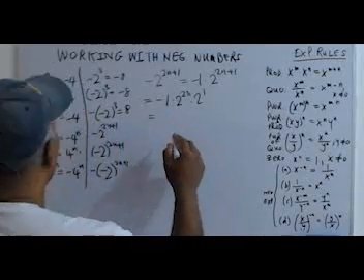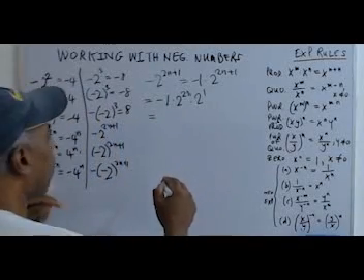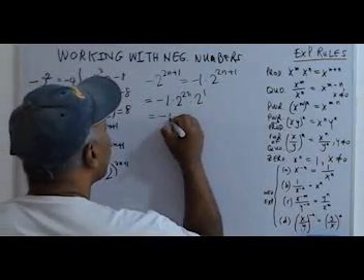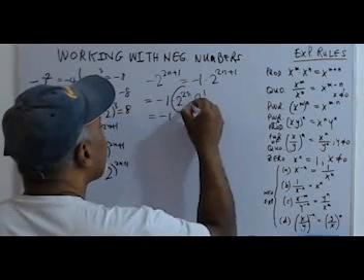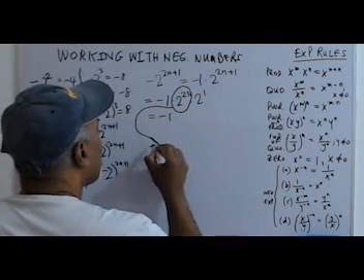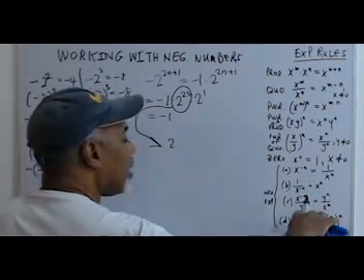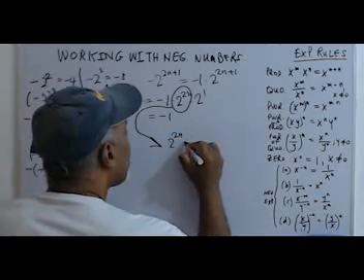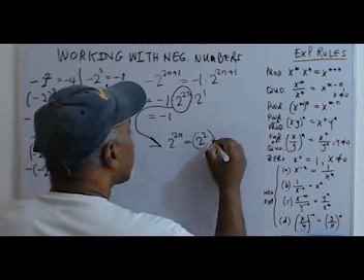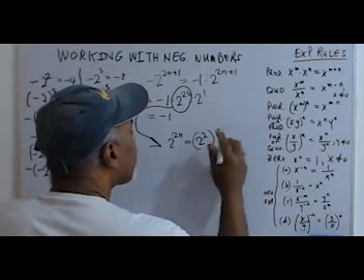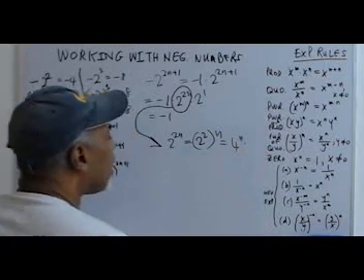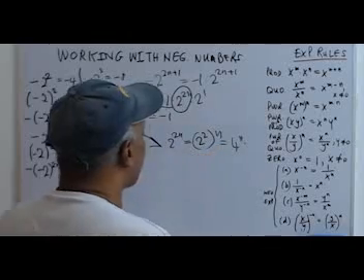Now, we saw before, but let's do it again, 2 to the 2n is equal to 2 squared to the n. 2 squared is 4, so we have 4 to the n.